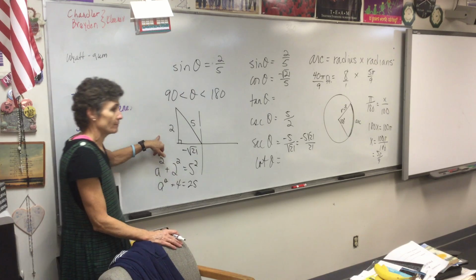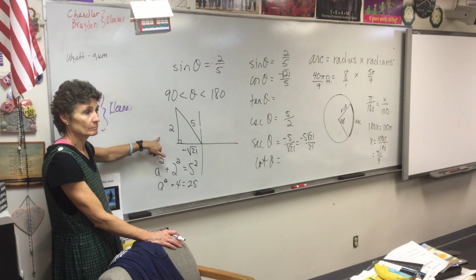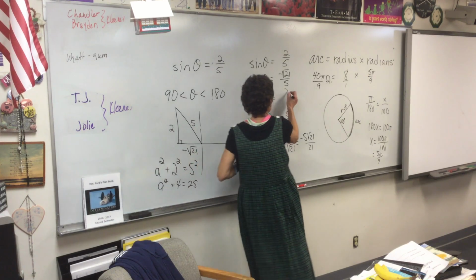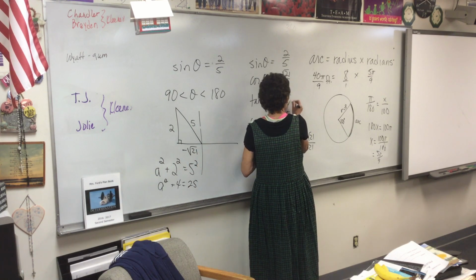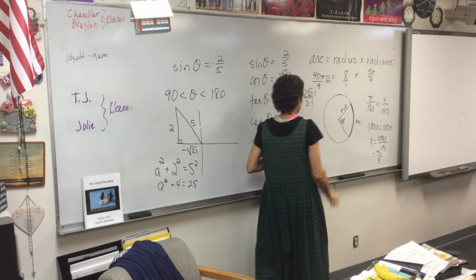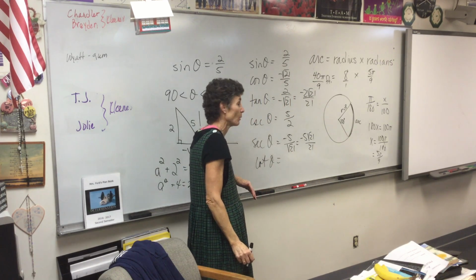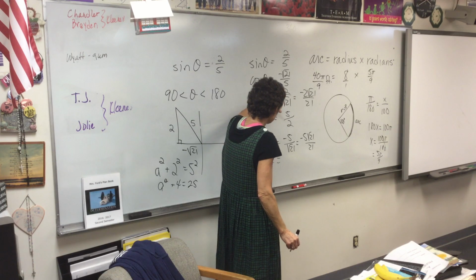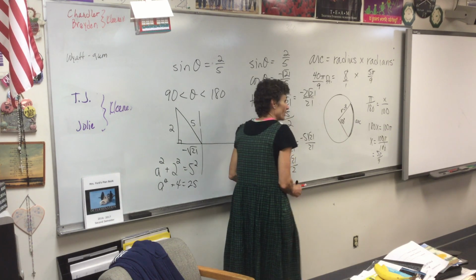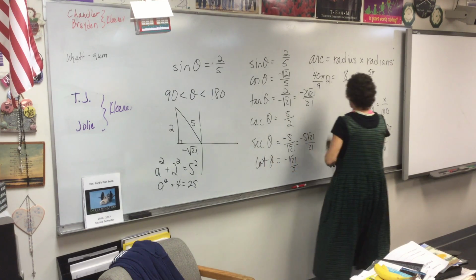What's the tangent? Negative 2 over root 21, which Jonathan has already said rationalizes to negative 2 root 21 over 21. And if that's the tangent, then the cotangent is negative root 21 over 2.